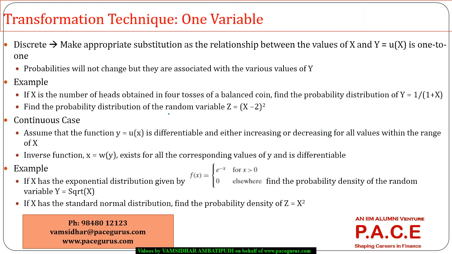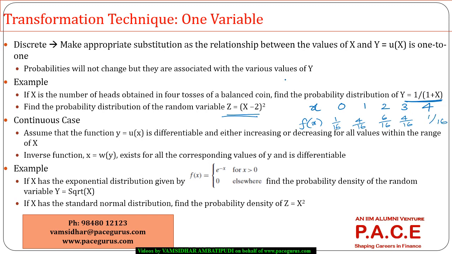But on the other side, if we see the probability distribution, if I want z equal to x minus 2 whole square, with respect to the same example, if it is y equal to 1 by 1 plus x, we are able to do it quite comfortably. But if you see the same x equal to 0, 1, 2, 3, 4, f of x we have got as 1 by 16, 4 by 16, 6 by 16, 4 by 16 and 1 by 16.